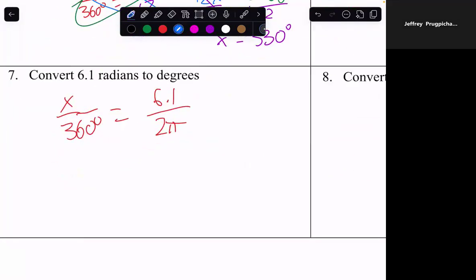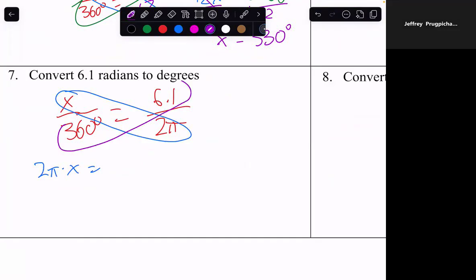So on this diagonal, you have 2 pi times x. On the other diagonal, you have 360 times 6.1. Using my calculator, 360 times 6.1 is 2196. And this would equal 2 pi x over here.